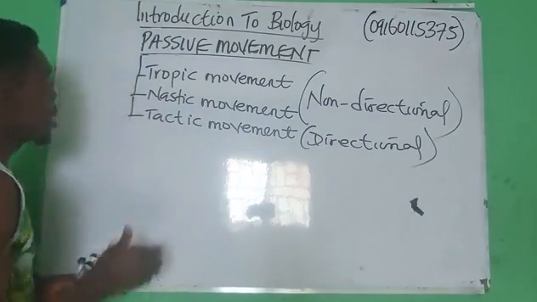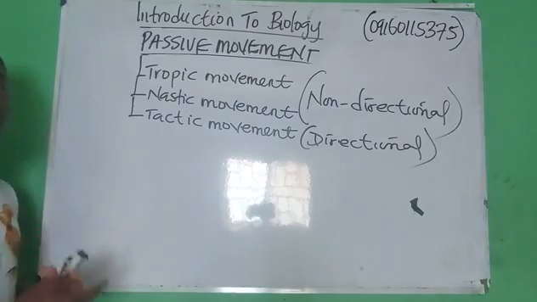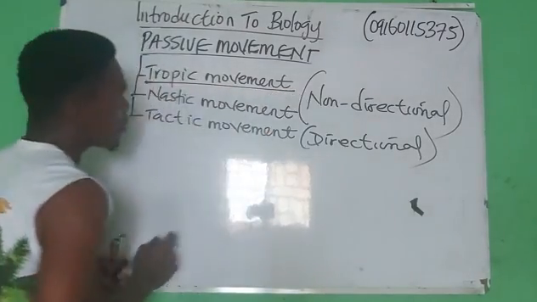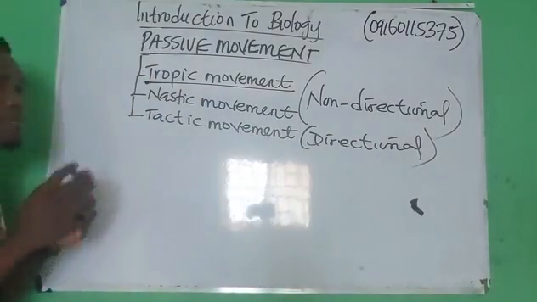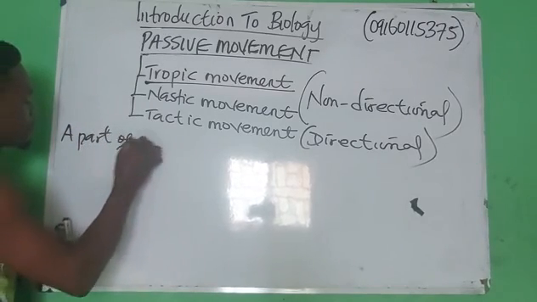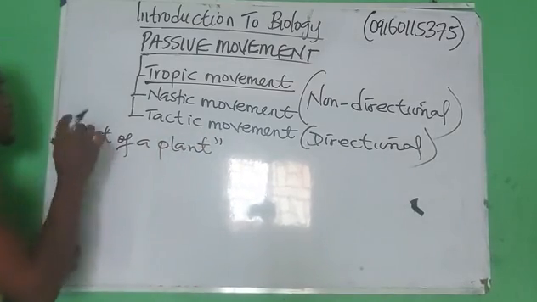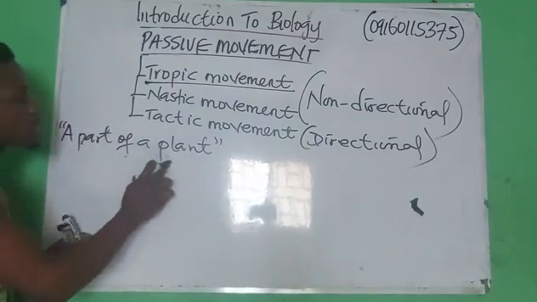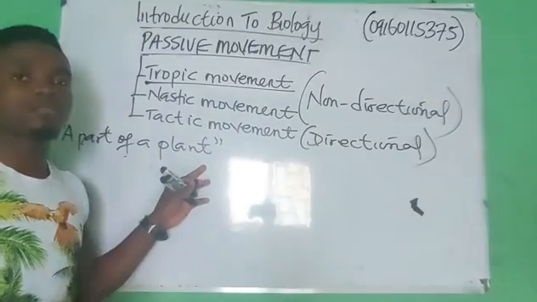Now, the first one we have here is tropic movement. What is the meaning of tropic movement? Tropic movement is a type of non-directional movement in which a part of a plant moves in response to a given stimulus.